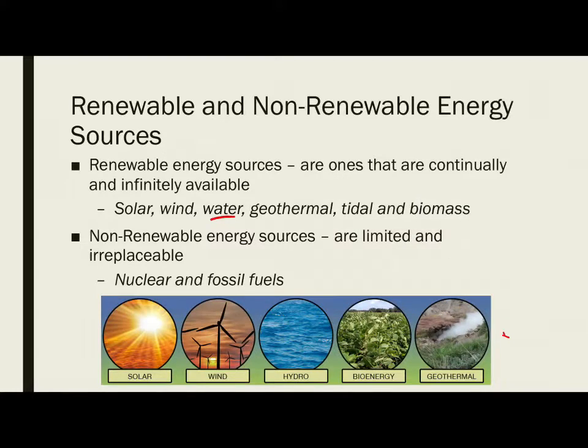Geothermal, so that's basically just using heat that comes from the core of our earth. Tidal, that's basically the water in the oceans and the tides and stuff like that. And biomass, which is plants and things like that, that of course we're planting again and again and again and again. Non-renewable is stuff like nuclear, because we only have so much nuclear fuel source, and fossil fuels.